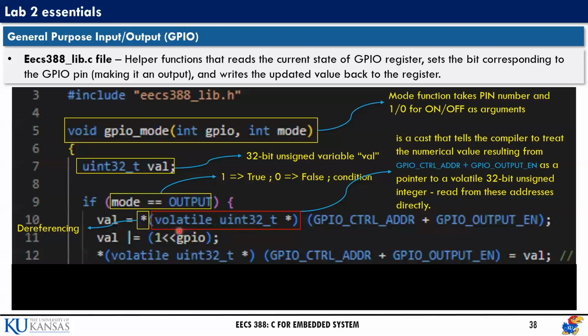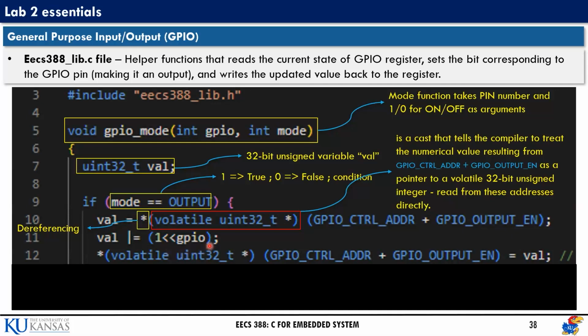So we are letting the compiler know the value can change anytime, and you don't have to think about that. That's why we are using the volatile keyword here, and we are storing whatever value we have inside of this register into the val variable.